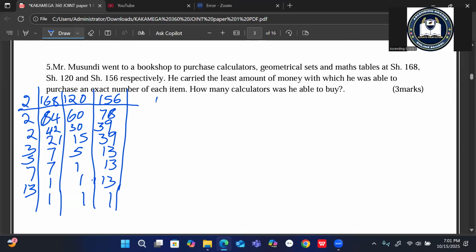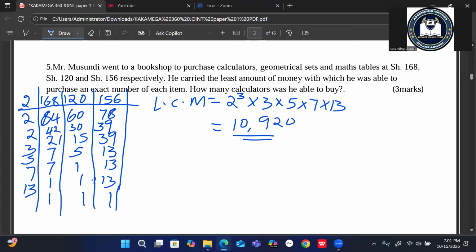So our LCM will be equal to 2 multiplied by 2, multiplied by 2, multiplied by 3, multiplied by 5, multiplied by 7, then by 13. That will give you 10,920. So that is the LCM. We are told to calculate how many calculators he was able to buy.